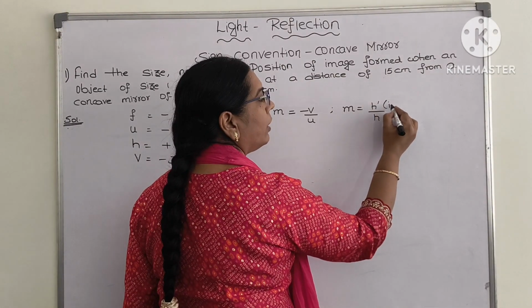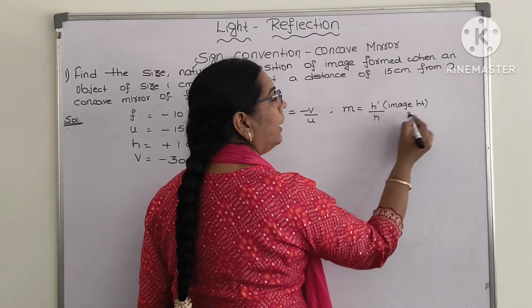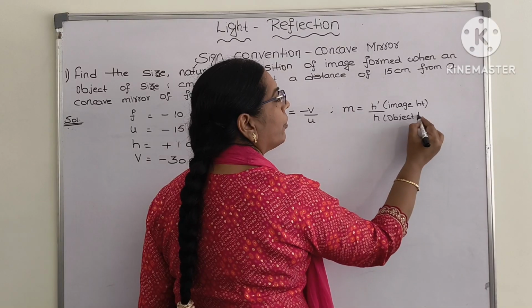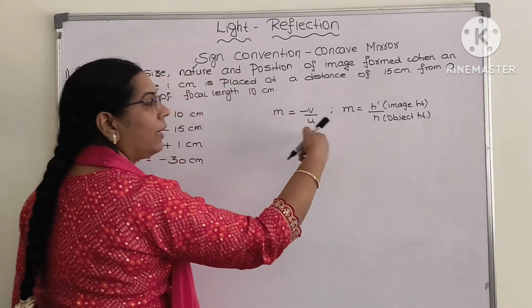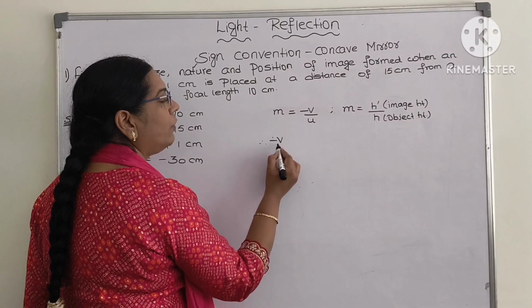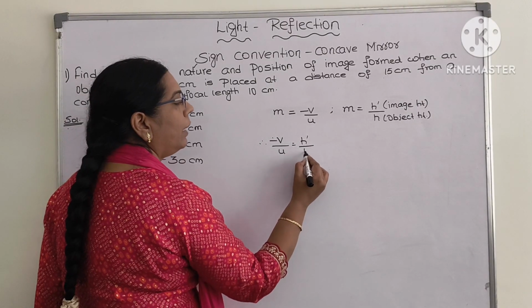Just in case you have a confusion, it is the image height and H is the object height. Hence, by combining both these formulae, we get minus V by U is equals to H prime by H.